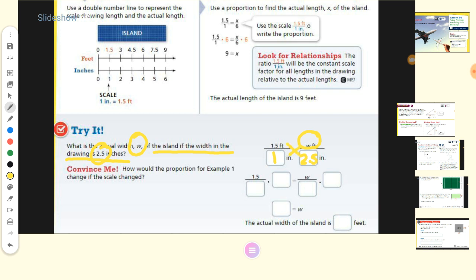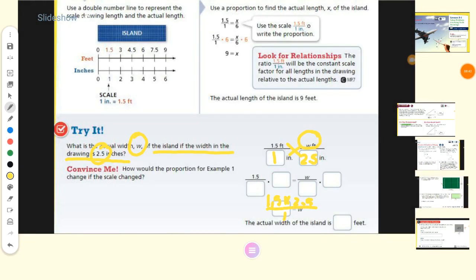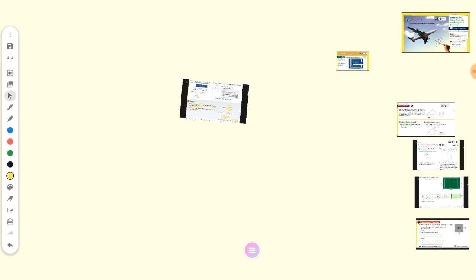Make cross multiplication. So W equals 1.5 multiplied by 2.5 over 1. So W equals what? 1.5 multiplied by 2.5. We can calculate it: 3.75. Actually feet, because this is the real. This is an example of how to study the drawing scale.